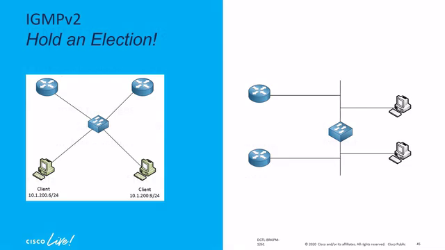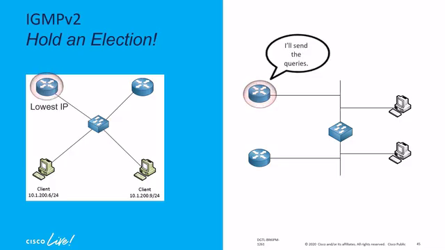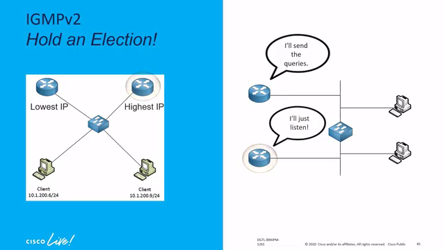So the very first thing introduced in version 2 is the idea of a querier election. When the routers are booted, they'll both send queries onto the wire, and they'll hear each other's queries. When they hear each other's queries, they will decide amongst themselves who's going to be the querier for the segment. That'll be the only router that sends queries onto the wire.